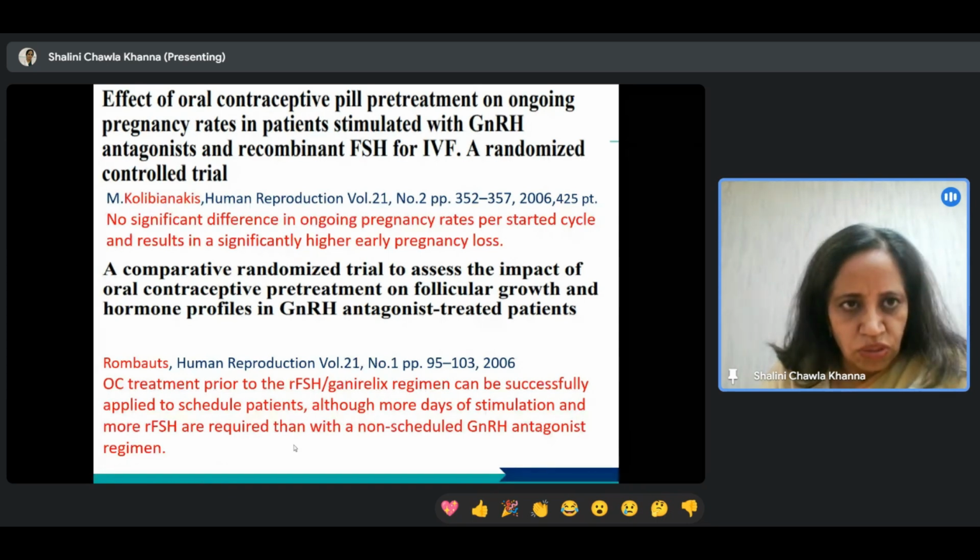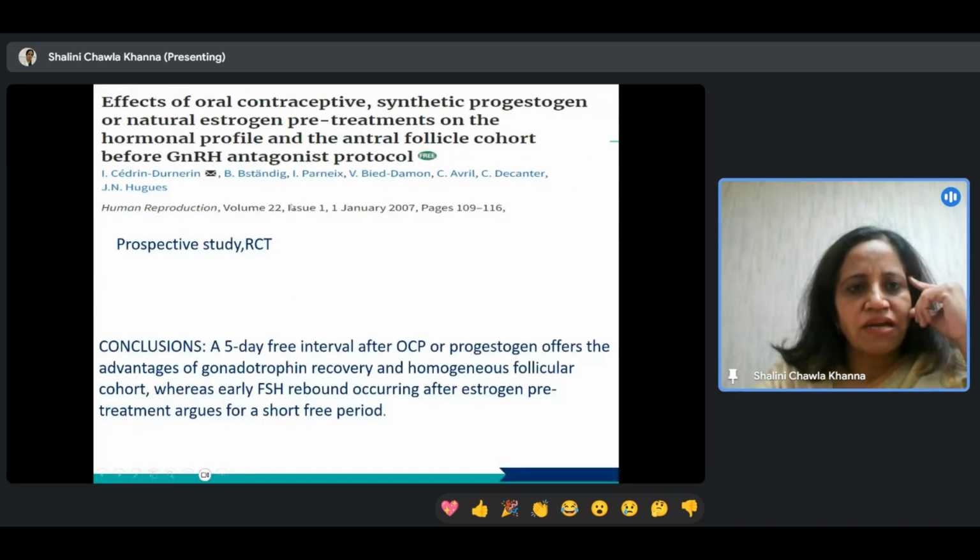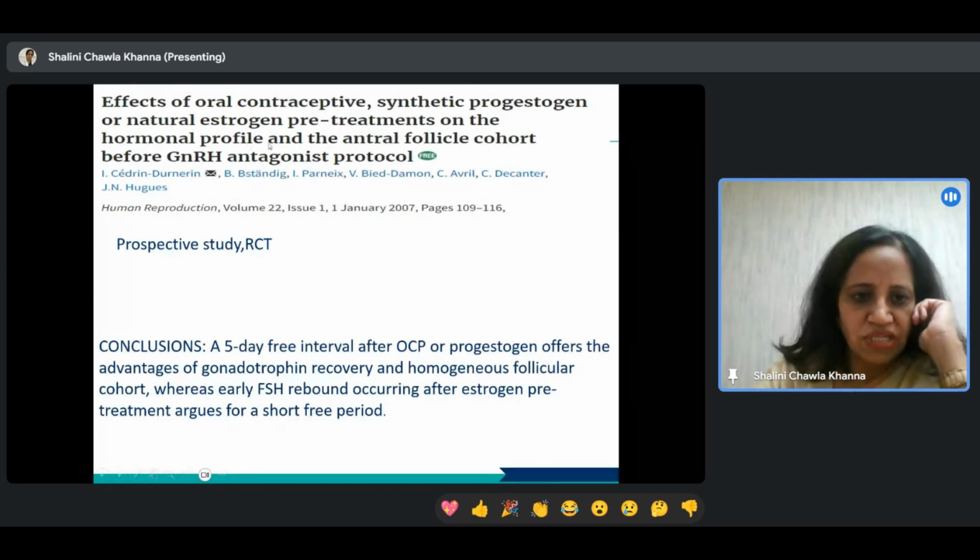Again, this was the trial by Cedrin et al., on the effect of oral contraceptives, synthetic progesterones, or natural estrogens.